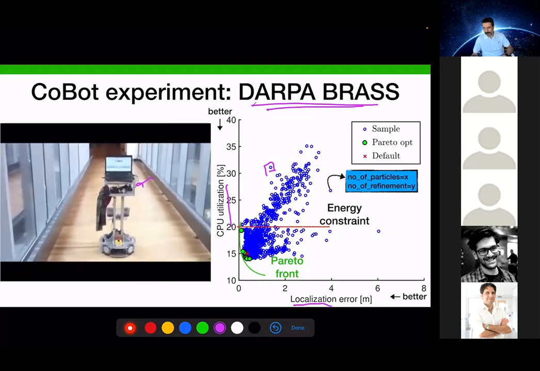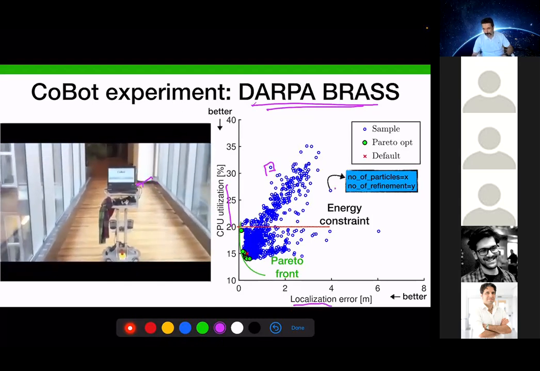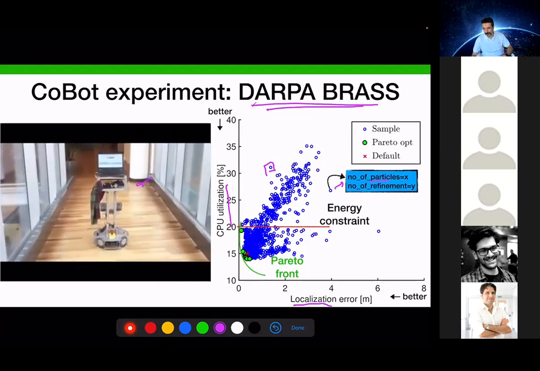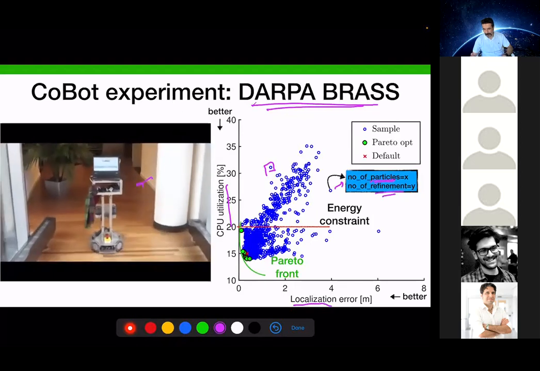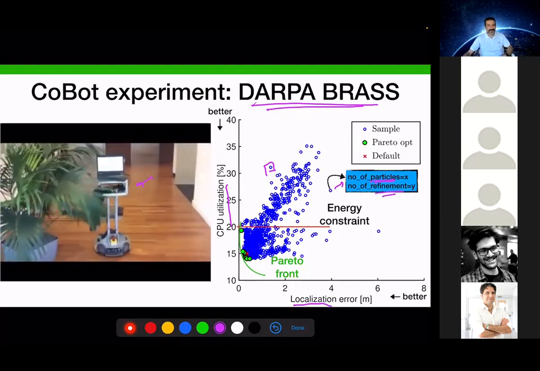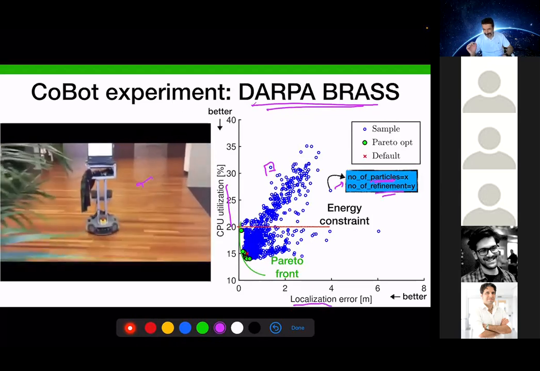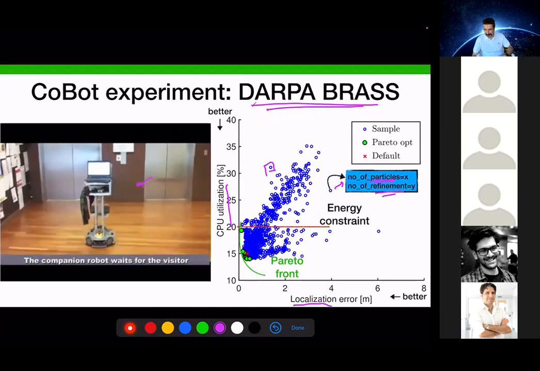Typically in this case, the difference of each dot is just the change in the number of particles and refinements. And here Miguel can also jump in if I say something inaccurate. Miguel was also part of the work. We were collaborating on this.